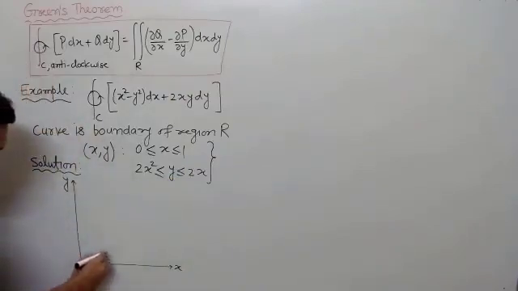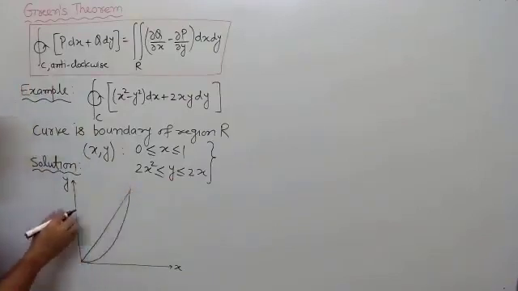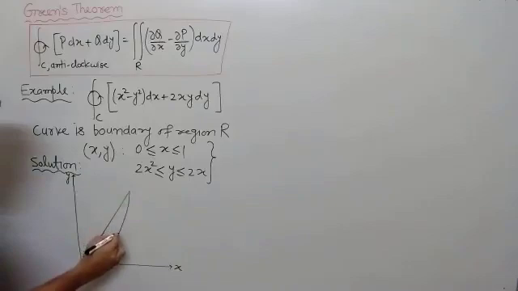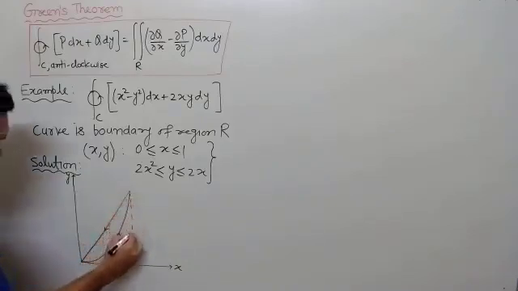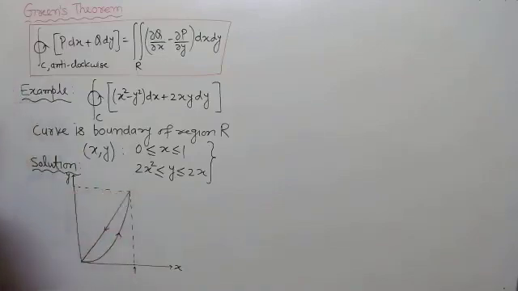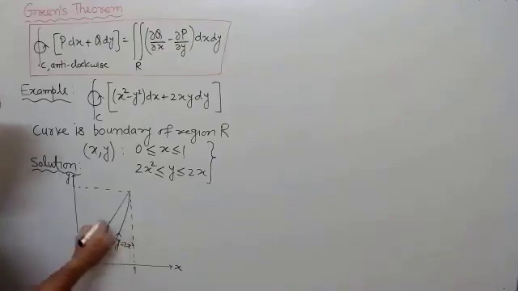So you will get a parabola and a straight line. You have to see the anti-clockwise direction, and the limit of x will be maximum up to 1. So what will be this limit? This is the line y equals 2x squared, and this line is y equals 2x.